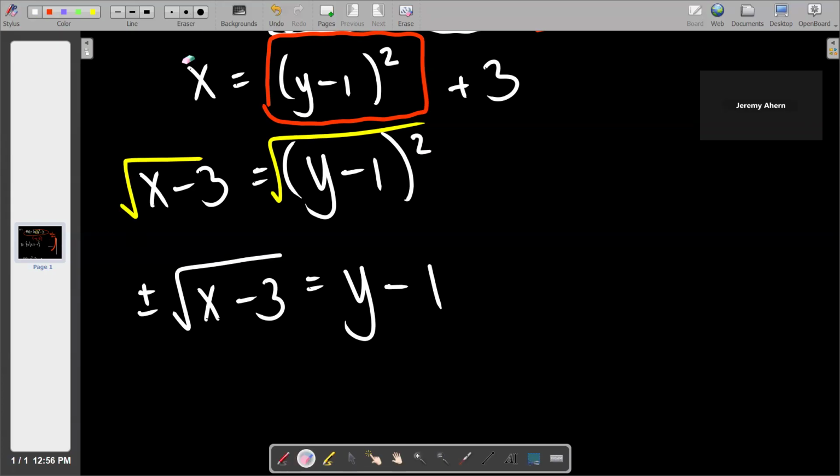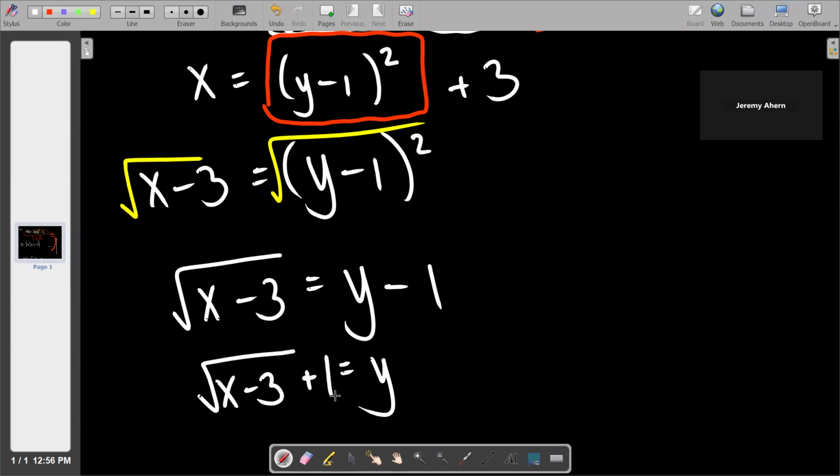So that's why I say if we're going to keep the positive on this one, which is what we do, then we should keep the positive on the other one. Is that any better of a version than my last explanation? Yeah, good.